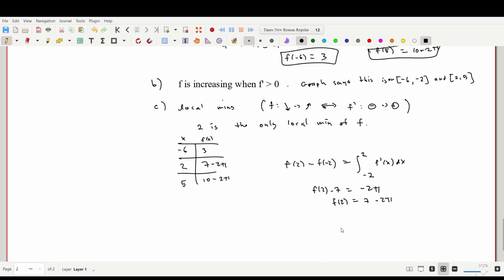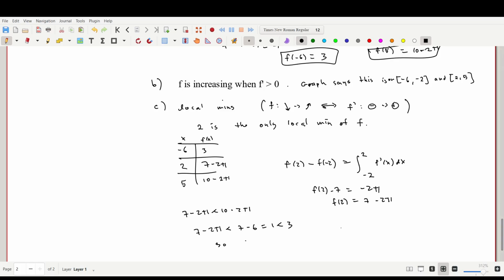And here they're kind of being annoying because you need to know that 3 is less than 7 minus 2 pi or whatever, which is irritating. So definitely 7 minus 2 pi is less than 10 minus 2 pi, of course, because it's 3 less. And then 7 minus 2 pi is less than 7 minus 6, because 2 pi is a little more than 6, and that's 1, which is less than 3.